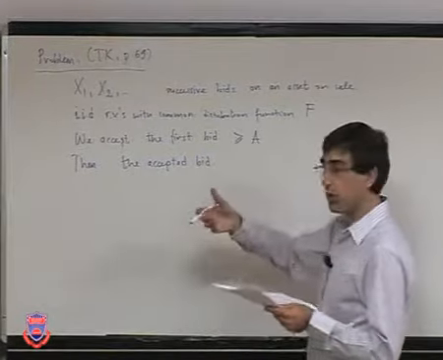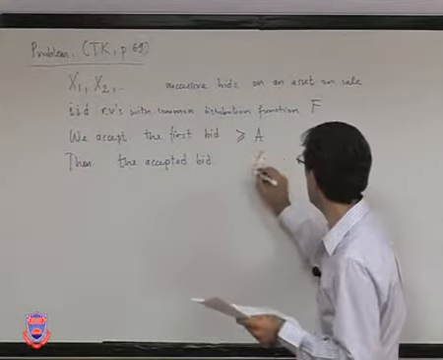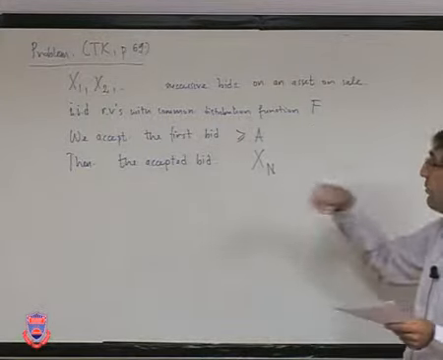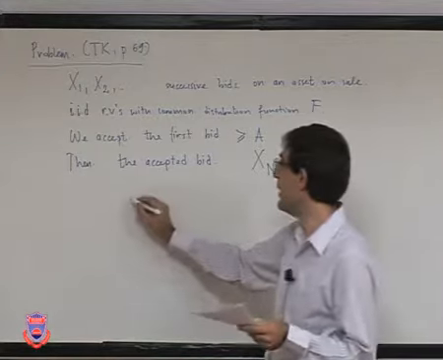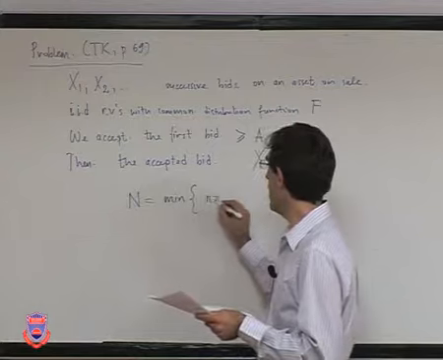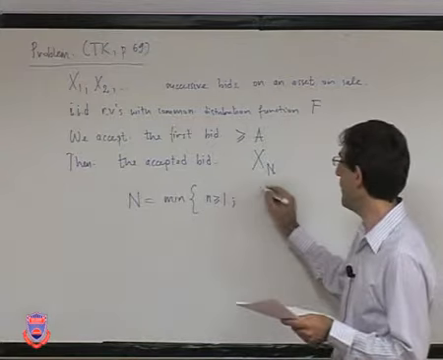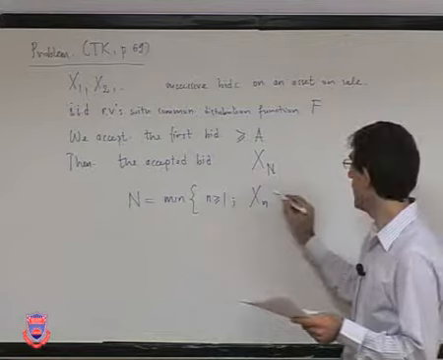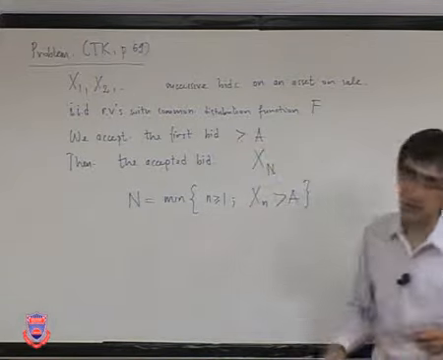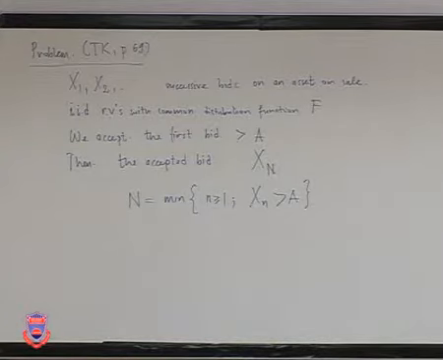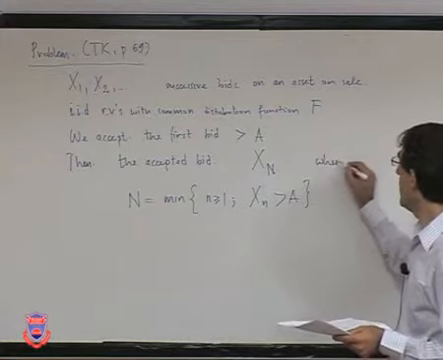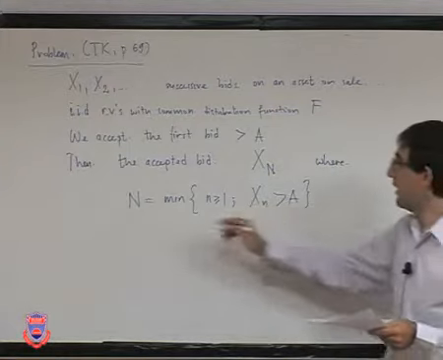It's actually a composition of two random variables, so X stopped at some random time N, rather than a fixed number like 1, 2, or anything like that, where N is defined as the first time the bid X_n is strictly greater than A. I am going to look at the strictly greater than case. So N is defined like this.